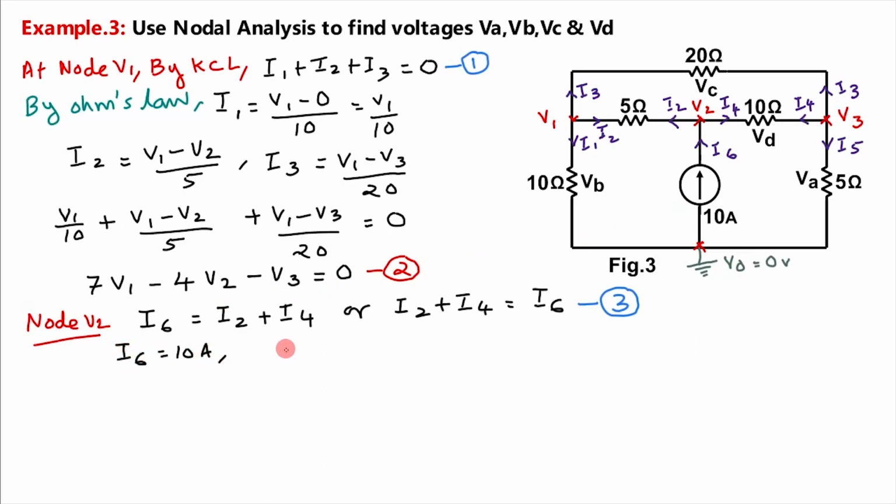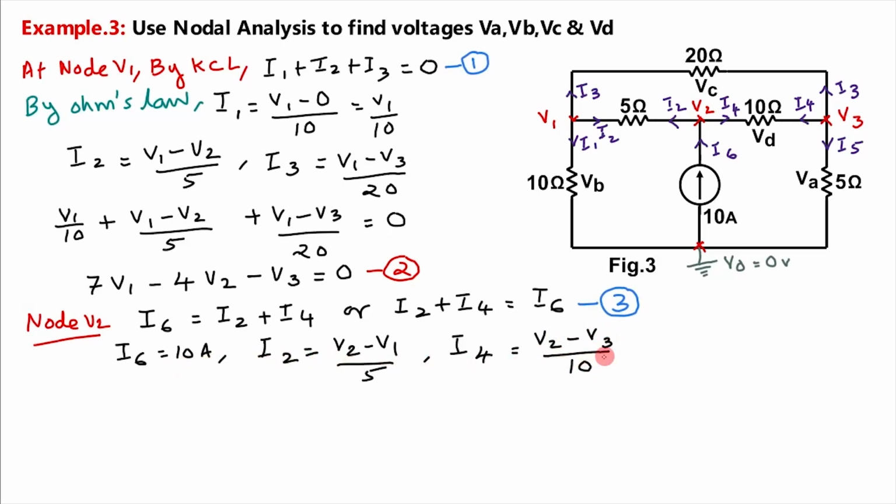As per Ohm's law, I2 is equal to voltage by resistance. Here, V2 minus V1 divided by this resistance 5 ohm, and I4 is equal to V2 minus V3 divided by this resistance, V2 minus V3 divided by 10 ohm.